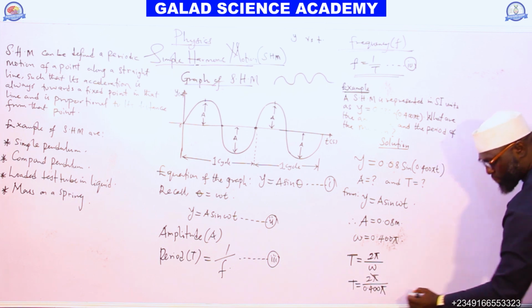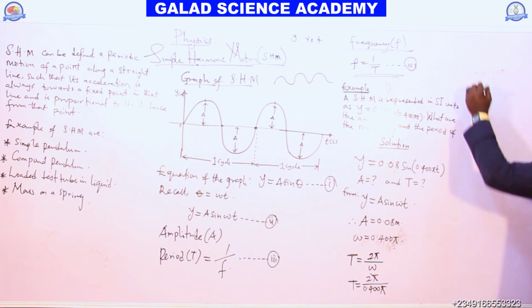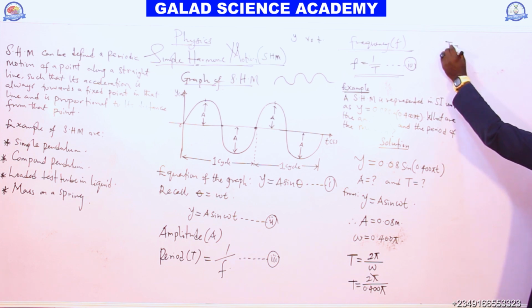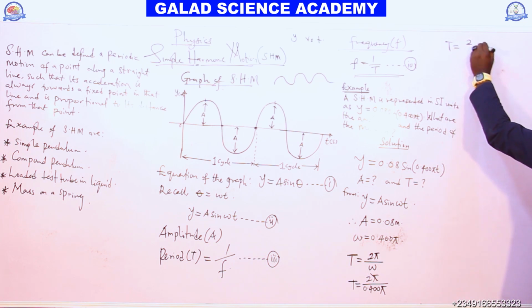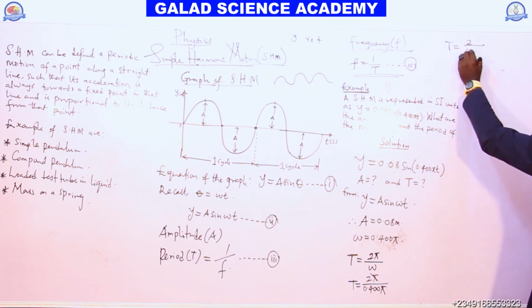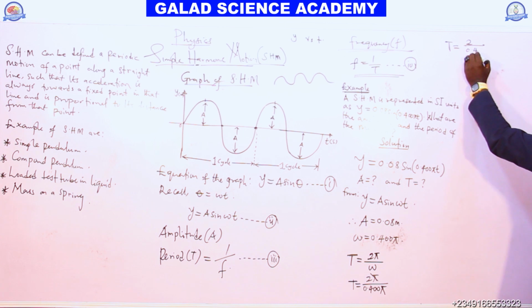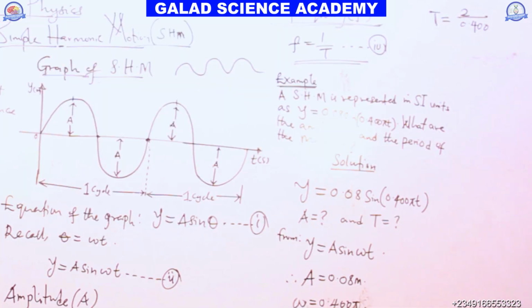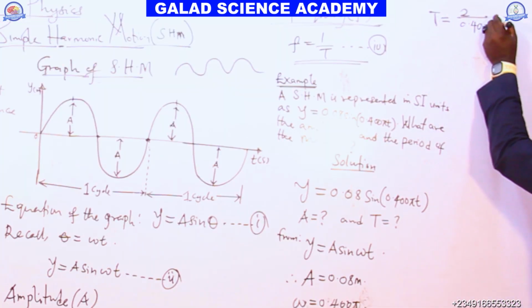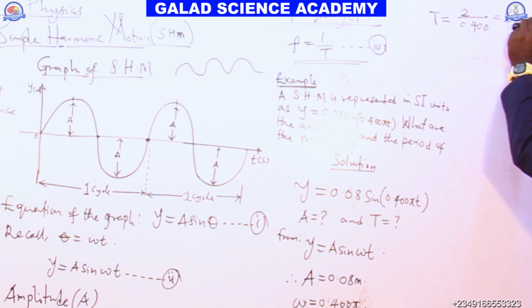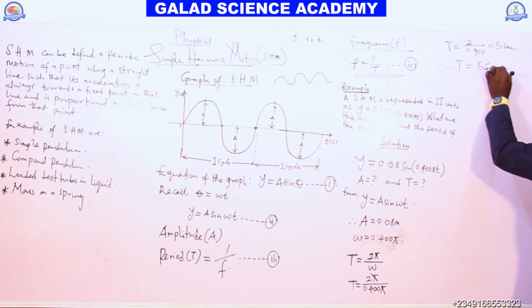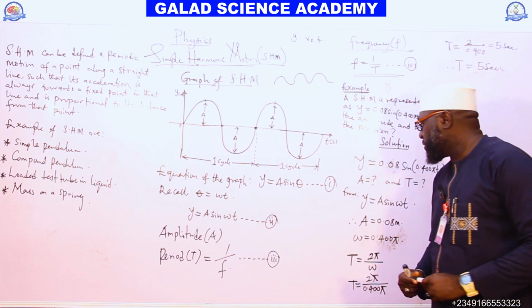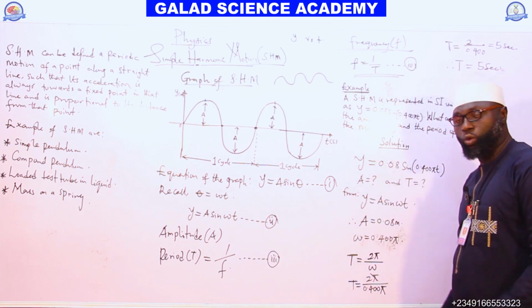This pi cancels this pi. The next thing is, period T should be equal to 2 over 0.400. By applying the calculator, the period gives us 5 seconds. Therefore, the period T is 5 seconds.